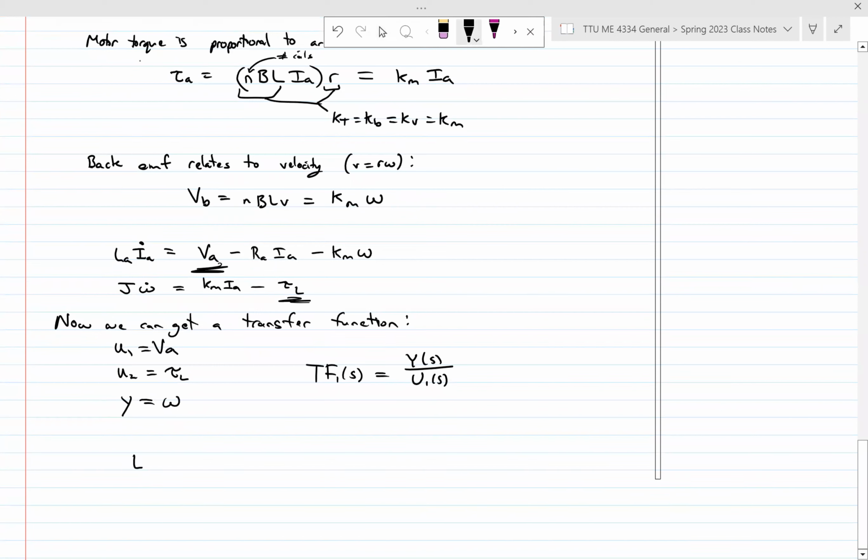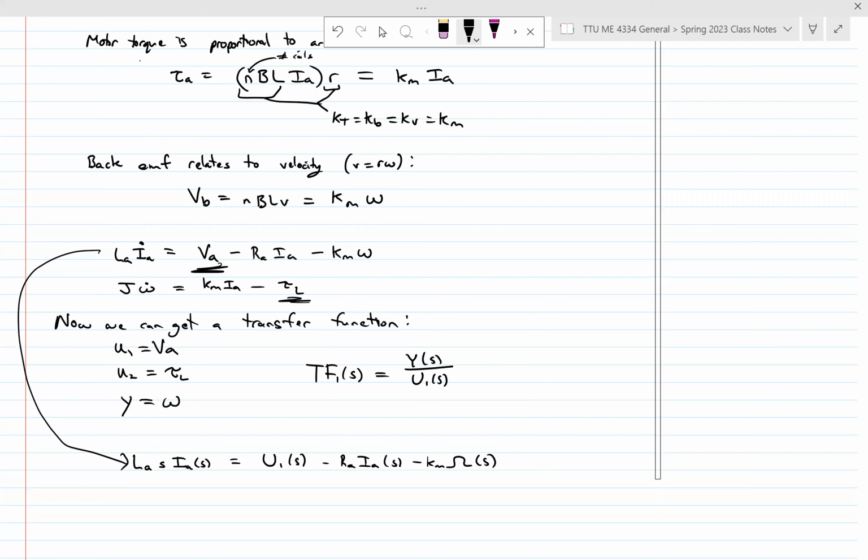So LA s IA of s here is going to be u1 of s minus RA IA of s minus Km omega of s. Laplace transform of our second equation. Do the same thing over here: J s omega of s equals Km times I of s minus U2 of s.